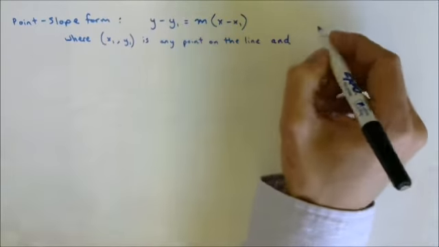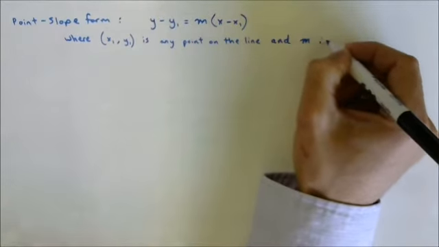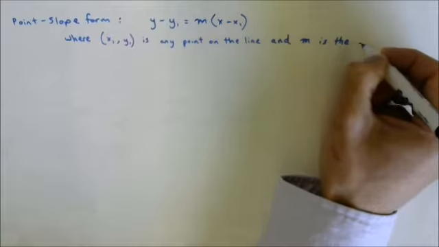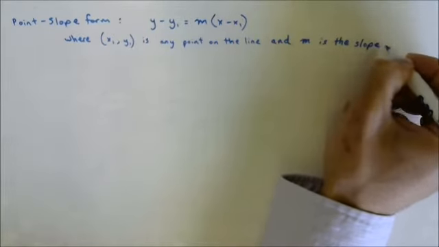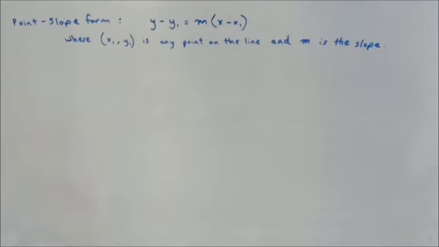And what do you think m stands for? M is the slope. All right, there's one form that can be very useful to us.